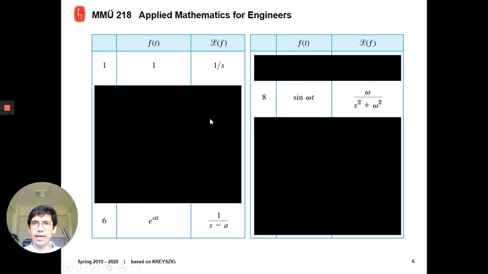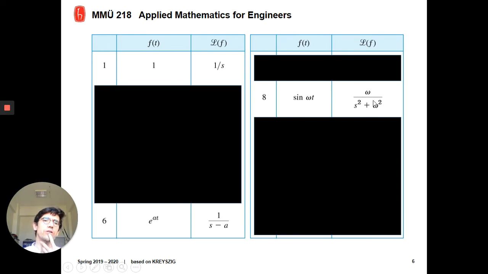If we go back, we are seeing we have talked about this function f of t being equal to 1. We have talked about e to the power at, sine at or omega t. That's our frequency. That's something you should be aware of. So whatever that constant we have here can be taken as our frequency.